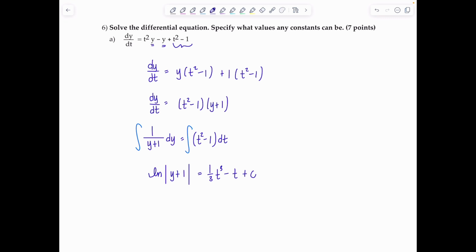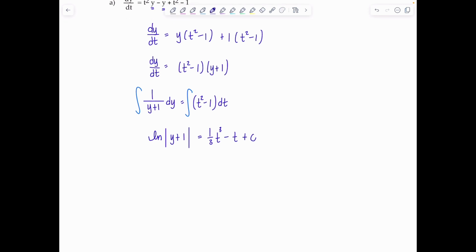When you solve a separable differential equation, you don't put plus c on both sides. You just usually put it on the right. Now we have to try to isolate y, which we can do in this case. I'm going to raise e to both sides, or you could just think of rewriting this equation in exponential form, same thing.